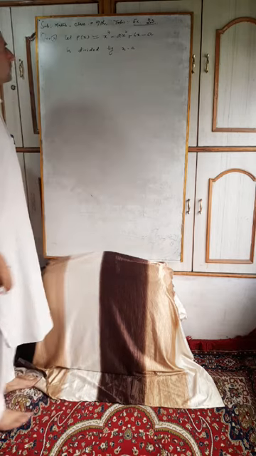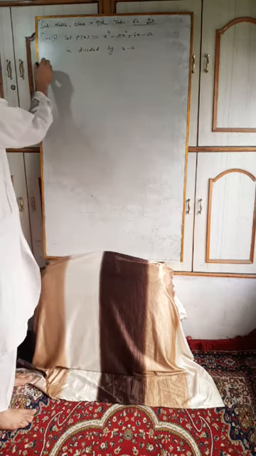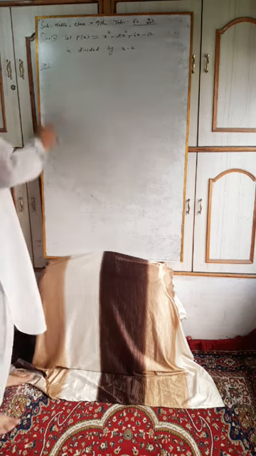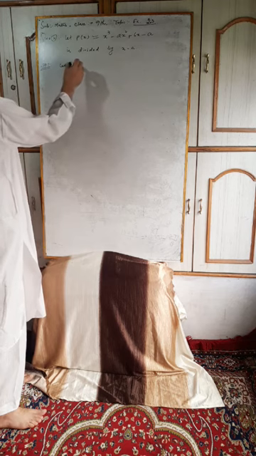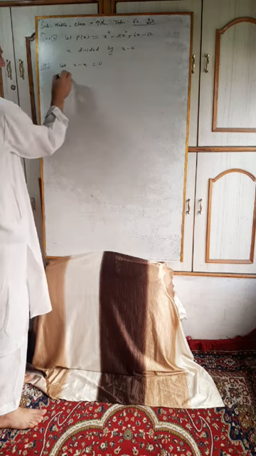Solution. First of all, we will find the zero of this linear polynomial x − a. Let x − a = 0.